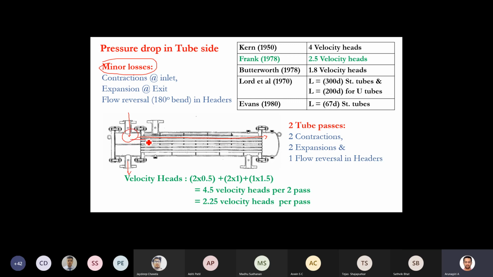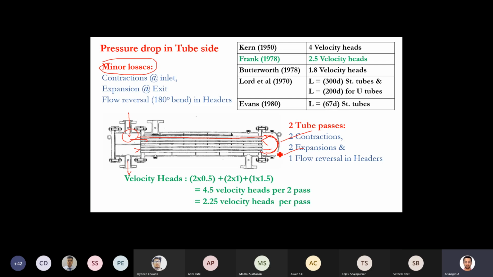Then head to tube, sudden contraction. Then tube to head, sudden expansion, then head to tube, sudden contraction, then tube to head, sudden expansion. So the exchanger is exposed to 2 contractions, 2 expansions and 1 reverse flow.